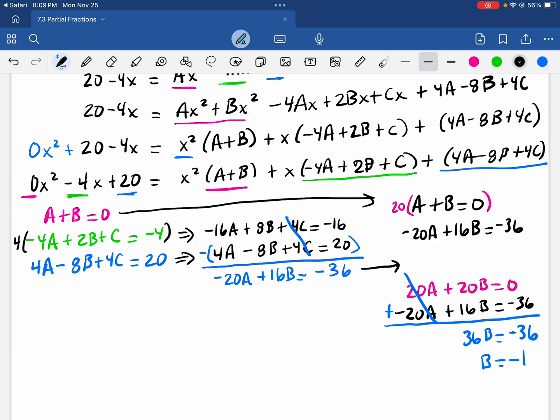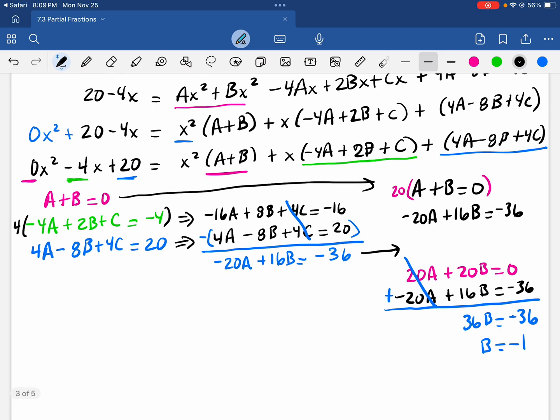So I'm going to go to that first equation, the one that we have in pink, and plug in negative 1 for b. And we'll solve that by adding 1 and get a is 1. And now that I know what a and b are both equal to, I can solve for c by plugging in both a and b into one of those bottom equations.